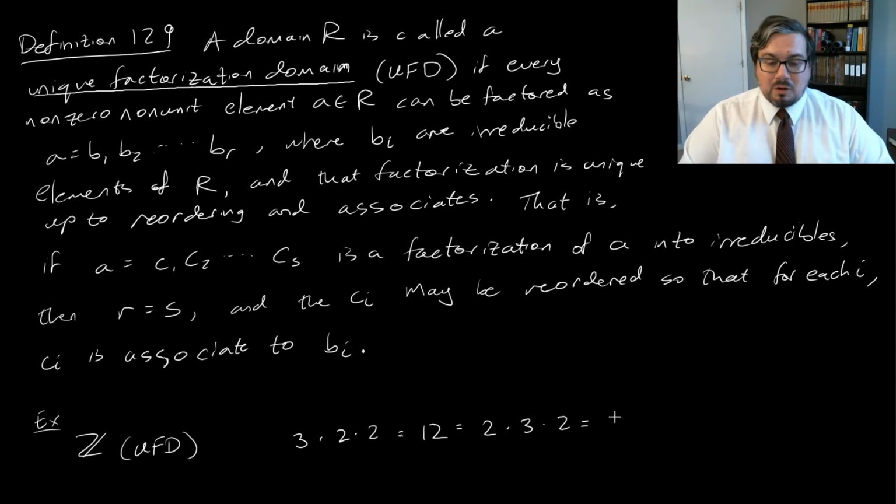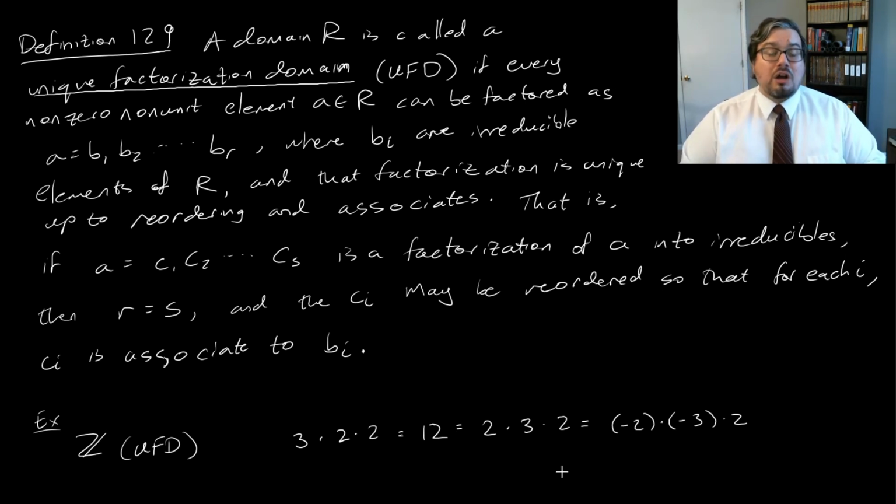But furthermore, we could have a factorization like this: -2 times -3 times 2. Now, -2 and -3 are irreducible elements of the integers. They are associate to the elements 2 and 3, and as we mentioned earlier, associates of irreducible elements are themselves irreducible elements.